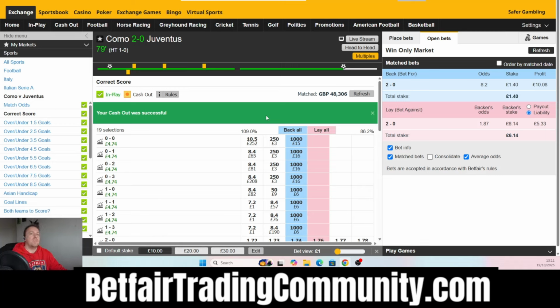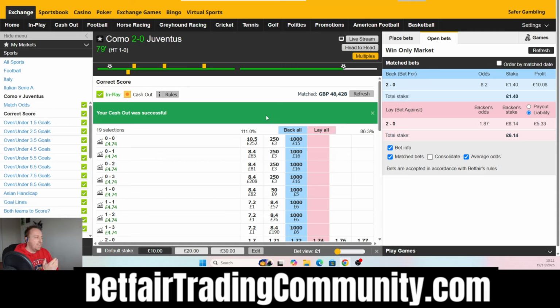And this is a nice thing about laying the favourite when they're odds on, because even though in this scenario the trade totally went the wrong way in terms of Como scoring the second goal, we covered it. We gave ourselves a bit of a backdoor. Now you might have wanted to put more of a stake on Como 2-0 in this scenario, so that when you greened up on that, you could get out of it.